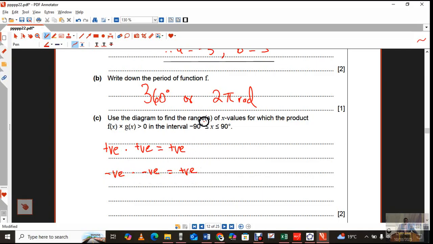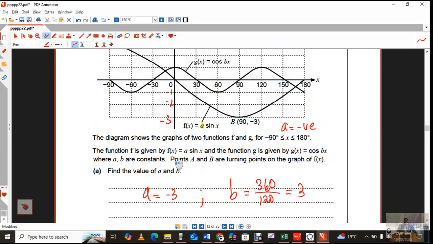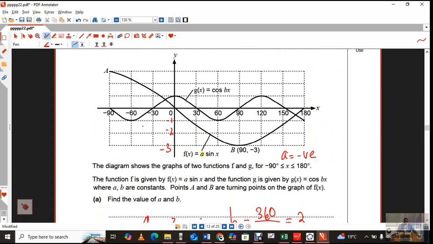What does it mean in terms of graphs? It means we are going to see where these two graphs are both above the x-axis at the same time, because everything is positive, or where are they both below the x-axis?